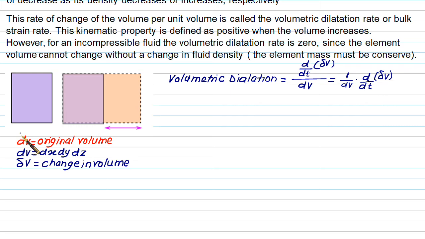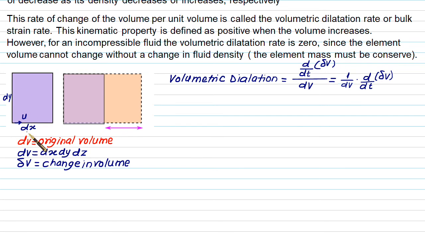Let's consider a two-dimensional figure of a fluid element having the original dimensions dx and dy, and dz is perpendicular to the board. Consider that the element is subjected to only the velocity along the x direction. So only the x dimension will change this time, and this change in the x dimension can be visualized by this extra rectangle that you can see.